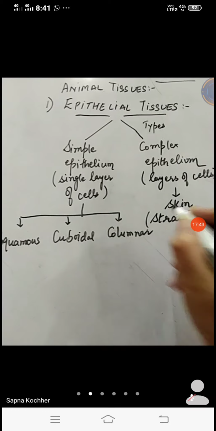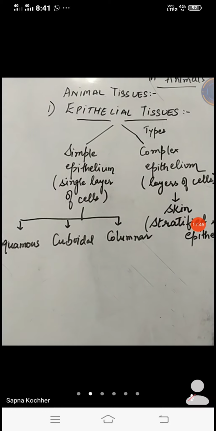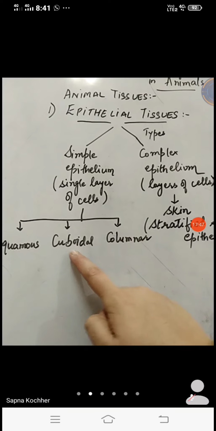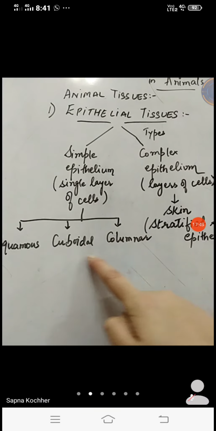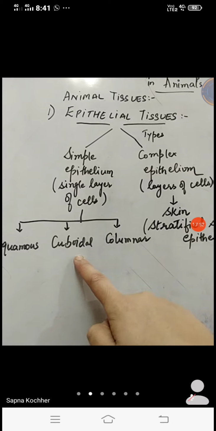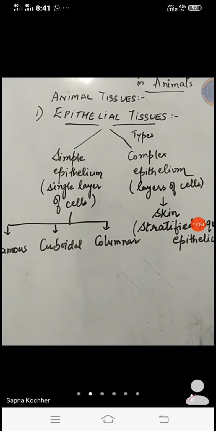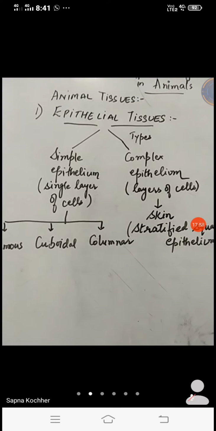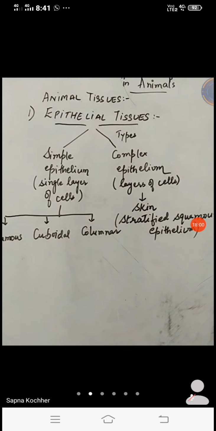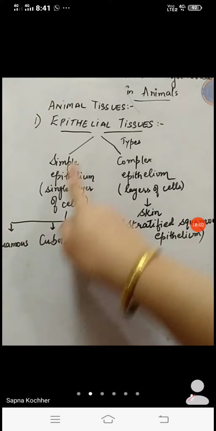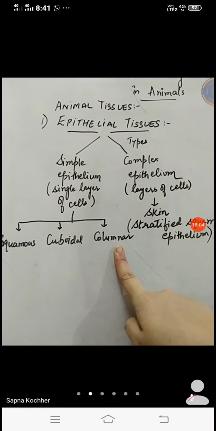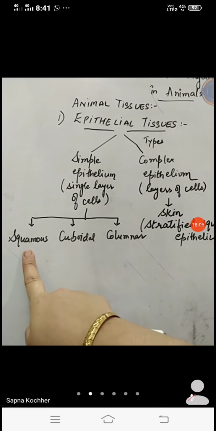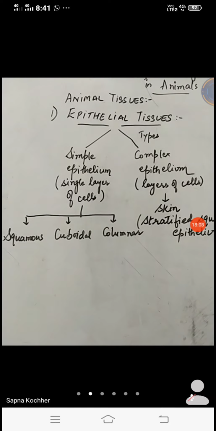The variations of the presence of the glands and the cilia are further conditions of both the columnar as well as cuboidal tissues. So starting with the very first, the squamous epithelial tissue.